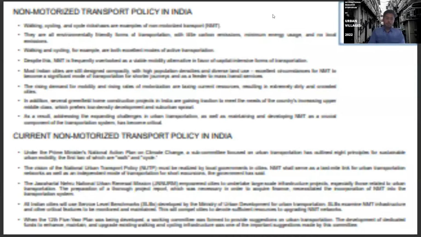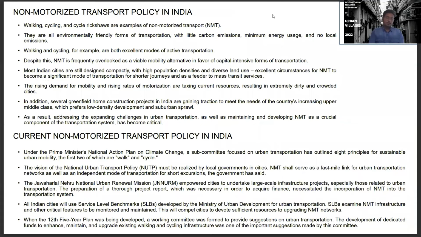Now talking about the NMT policies in India, the NMT policies basically spoke about bringing non-motorized transportation into the transportation infrastructure field, where walking and cycling are examples of NMT. Rickshaws are also an example of NMT.